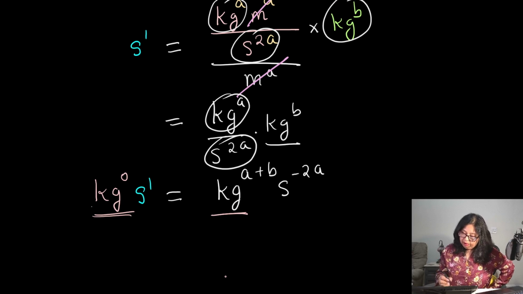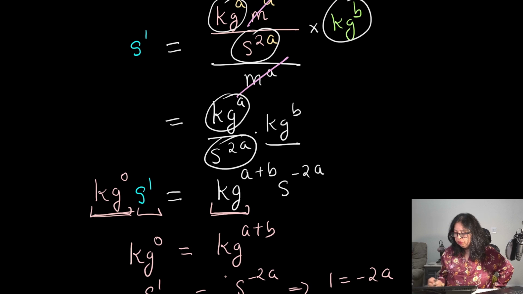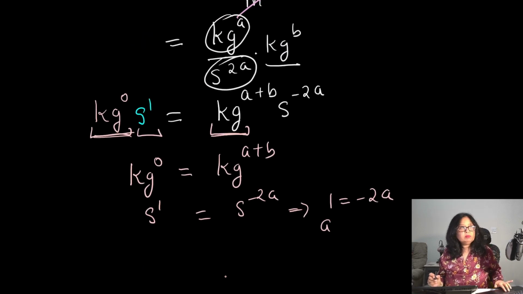Now we have kilogram on the left-hand side, kilogram on the right-hand side. Let's equate these two. Kilograms to the power 0 equals kilograms to the power A plus B. Seconds to the power 1 equals seconds to the power minus 2A. Second equation gives 1 equals negative 2A, which will give us A equals minus 1/2.